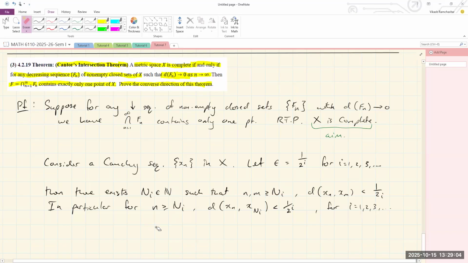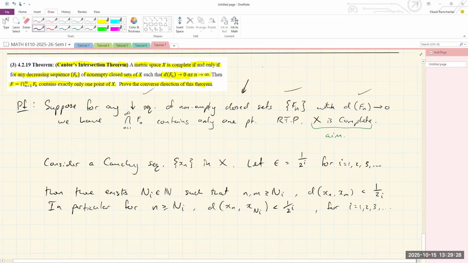So essentially the idea is I want to make use of my assumption here. If you look at the assumption, I need a sequence of closed sets whose diameter is going to 0, and the sequence must be decreasing.